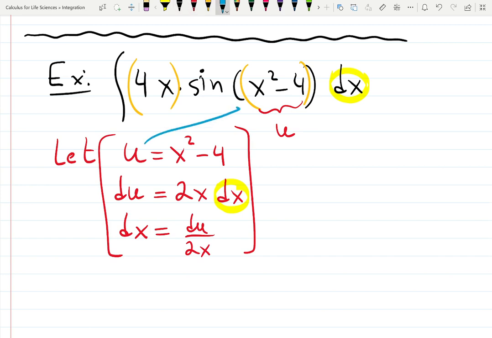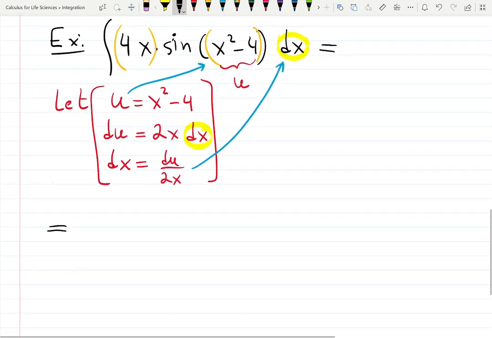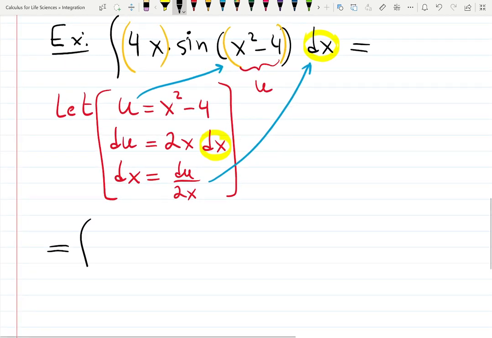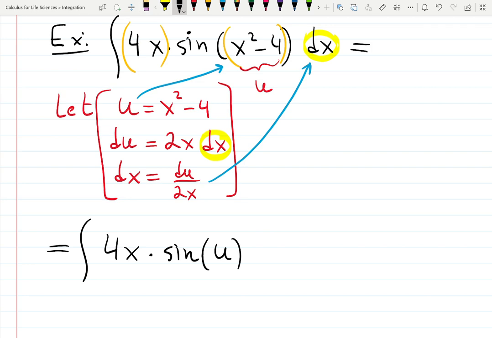I will plug u inside of the sine, and I will plug dx as well, and see what is going to happen. So I'm rebuilding my integral. There's still 4x in front, which will conveniently cancel out, and it's not by coincidence, because we recognize that one piece there is a derivative of another piece.